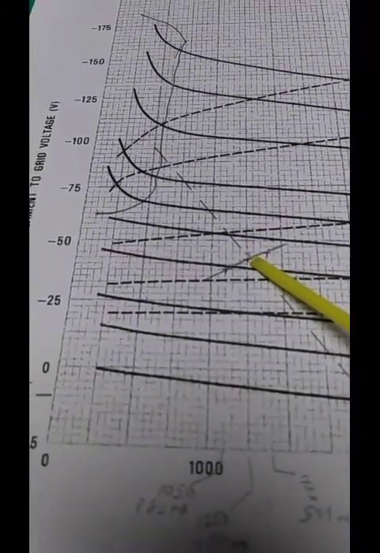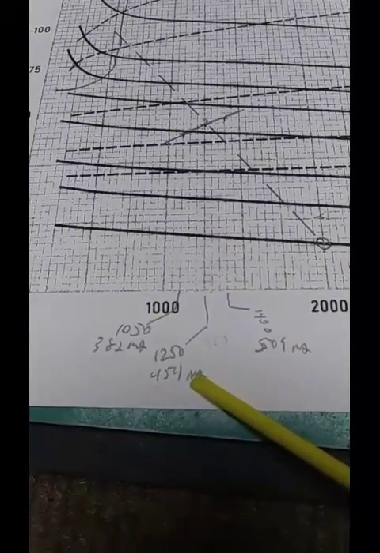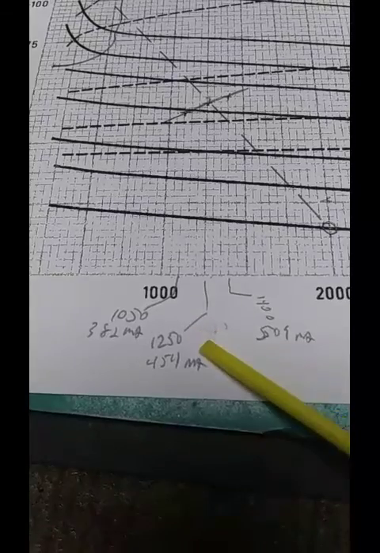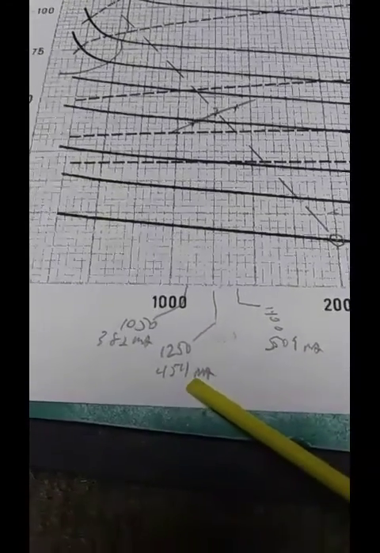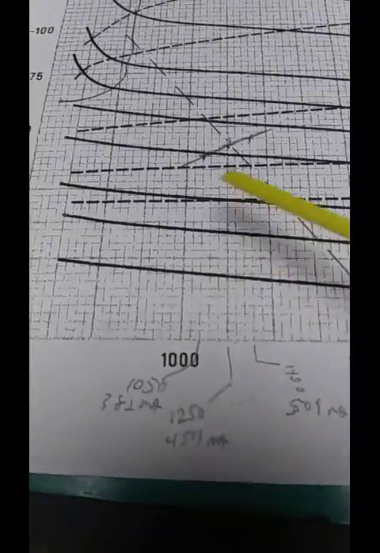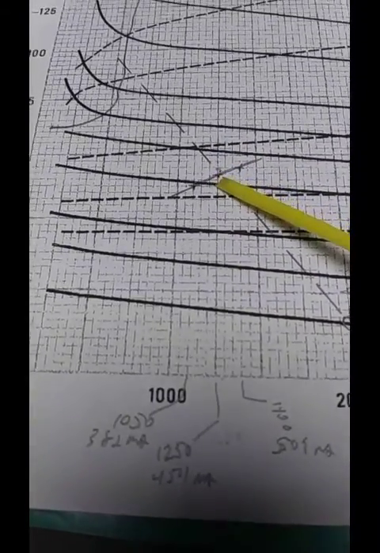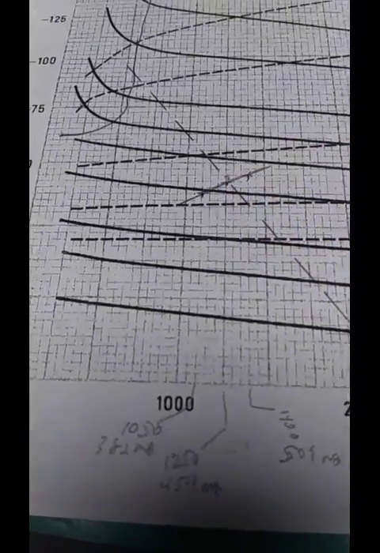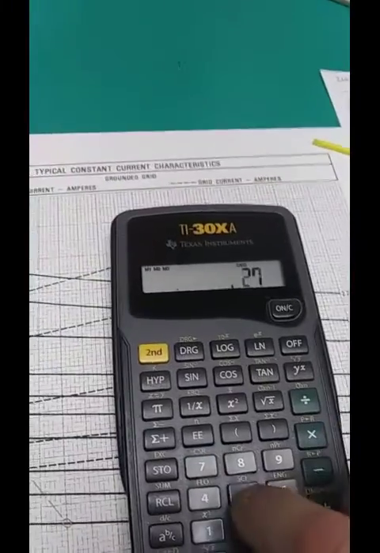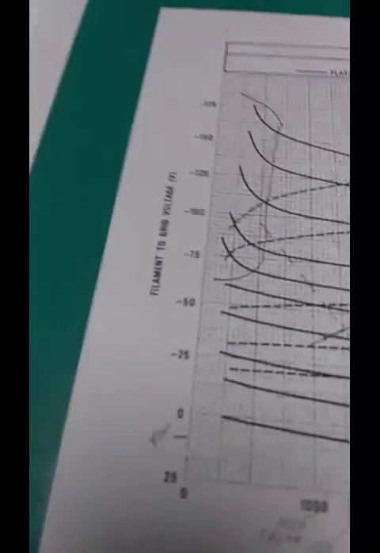Goes through the midpoint, 2750 ohms. I'm sorry, 1250 volts divided by 2750 ohms from the data sheet is 454 milliamp, reasonably close to the 400 milliamp figure. If you want, refigure this: 2750 ohms times 400 milliamp gives 1100 volts.